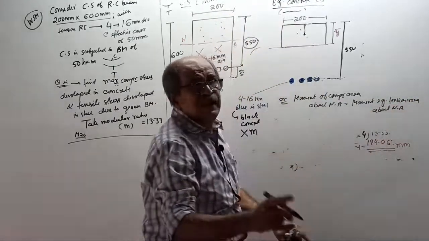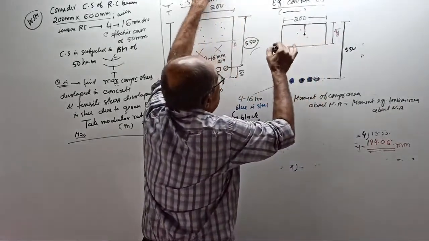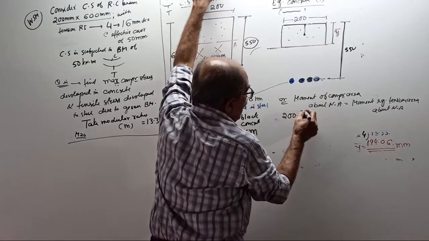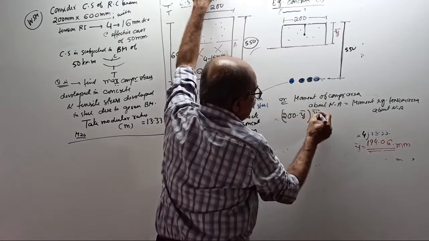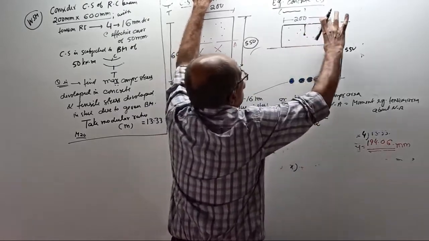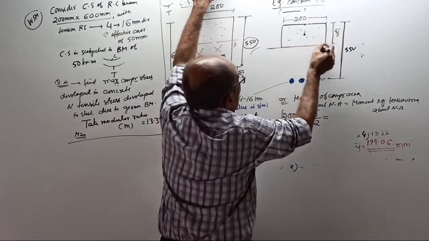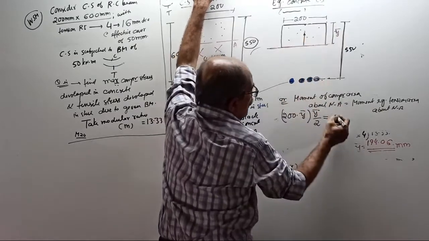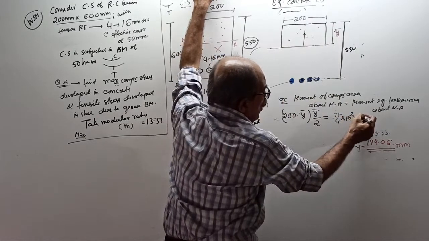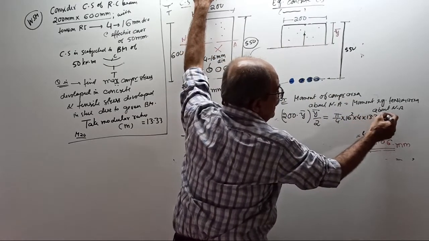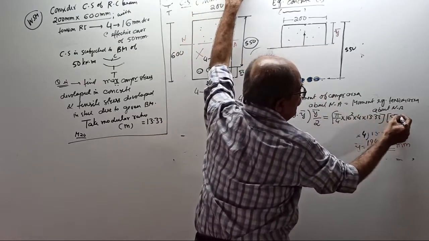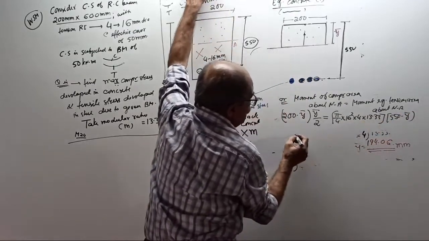Then you easily get, see now, moment of compression area 200 into y bar by 2 equal to what? 200 into y bar into, see, moment about neutral axis. This distance equal to pi by 4 of 16 square into 4 into 13.33, the equivalent area, into 550 minus y bar. Now tell y bar.